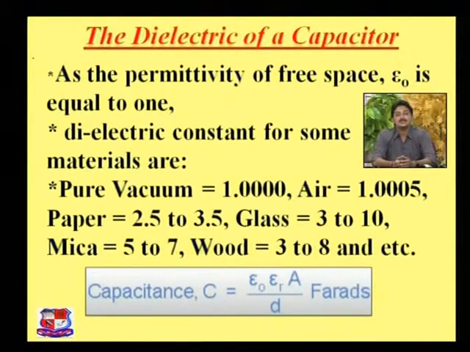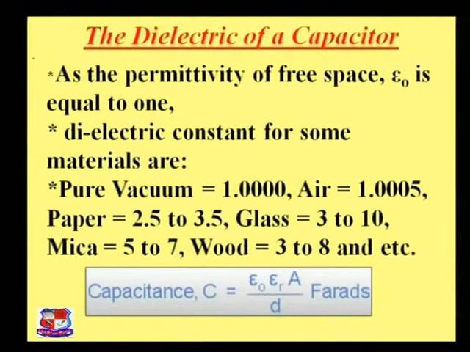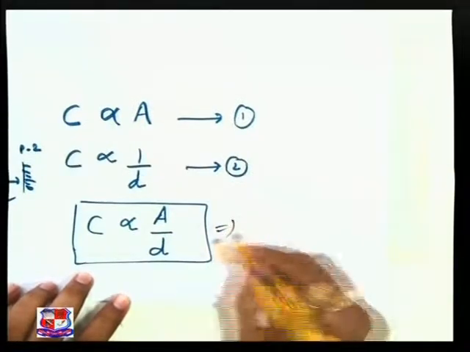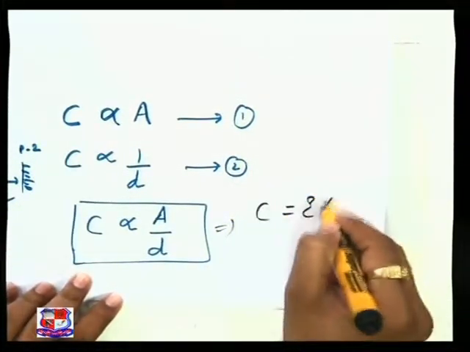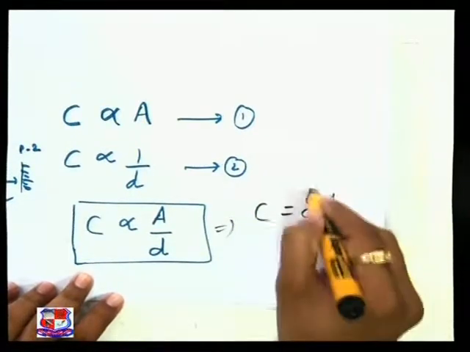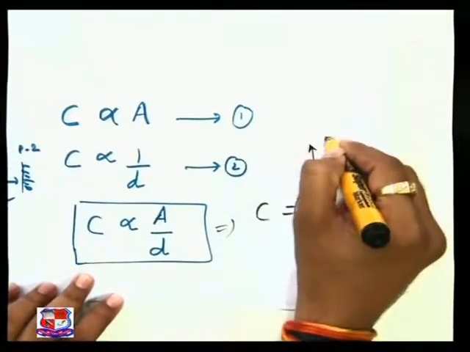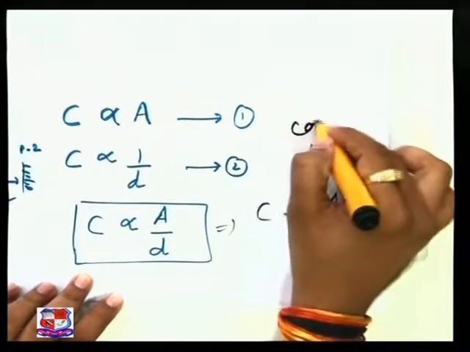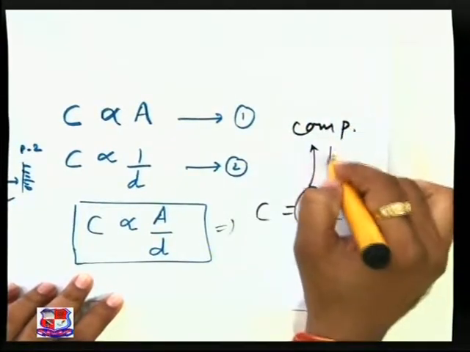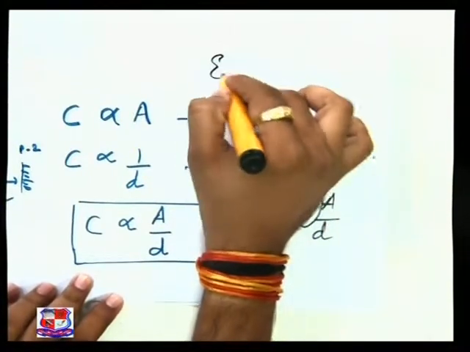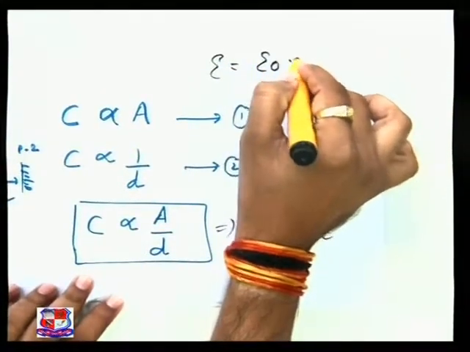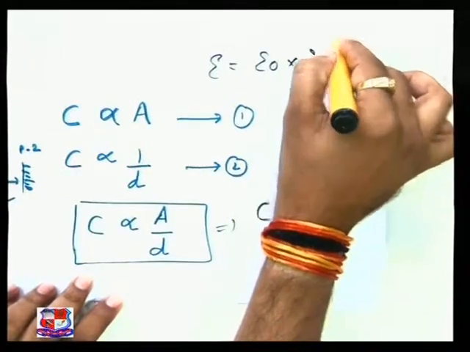So the capacitance is given by our previous equation, C proportional to epsilon A by D. If we remove the proportional sign, C equals epsilon into A by D. Here epsilon is our absolute or complex permittivity, and we already found that epsilon is the product of epsilon 0 and epsilon r.